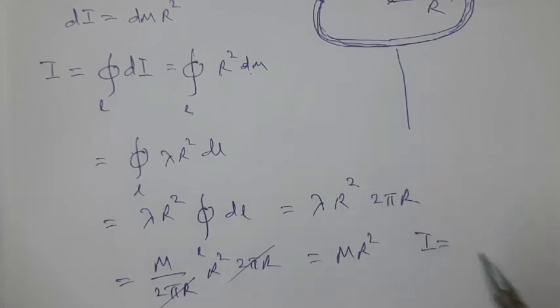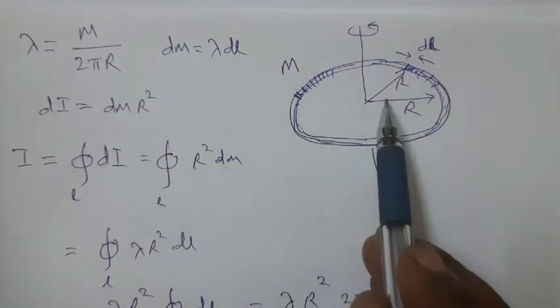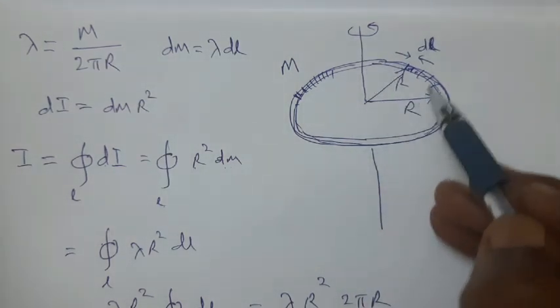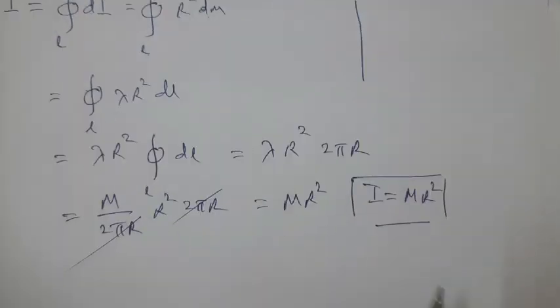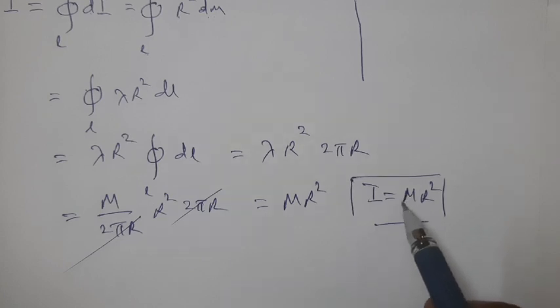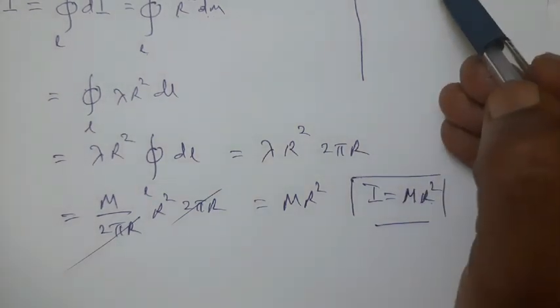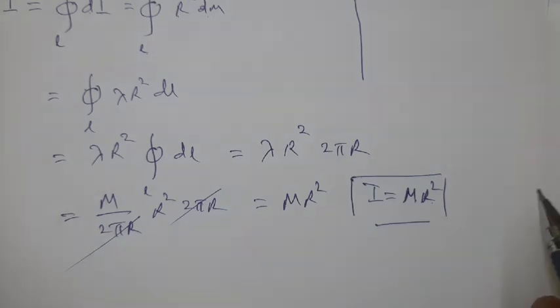Therefore again I can write the moment of inertia of a ring of mass M and radius R about its axis, the axis of the ring itself that is passing through the center and perpendicular to the plane of the ring, is M R square. This M is capital. Remember that this is the entire mass of the ring, and capital R is the radius. It is not the mass of an element. Therefore the moment of inertia of a ring is M R square.